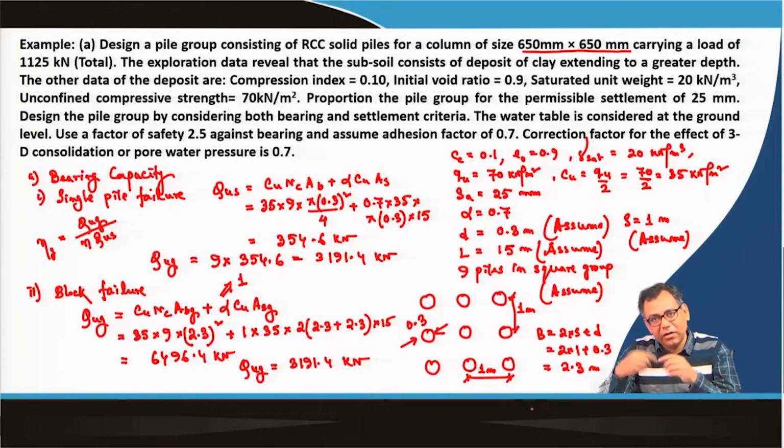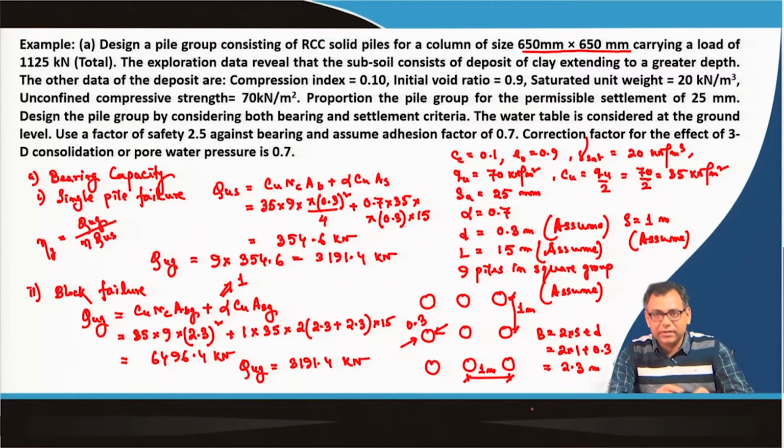Then the pile will fail as single pile failures. In that case, your efficiency will be 1. So, here this is the case. That means the block failure is not occurring, it is the single pile failure that is occurring. That is why that is the lowest value given compared to the single pile and the block pile failure. So, here efficiency will be 1.